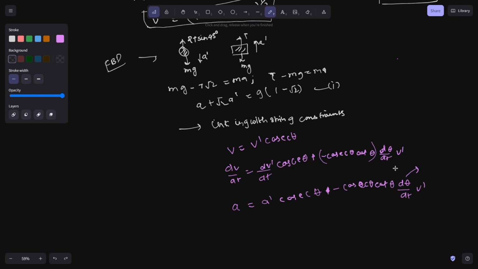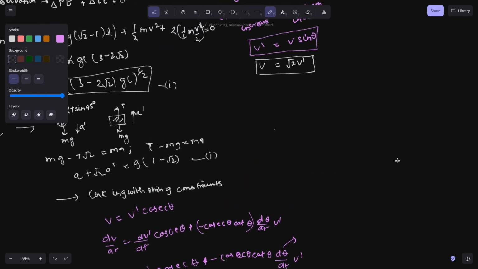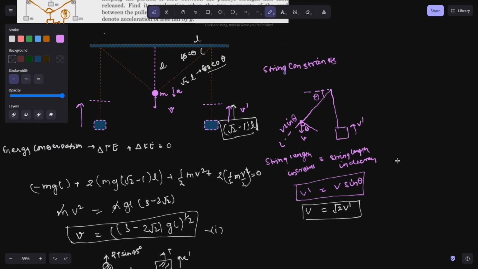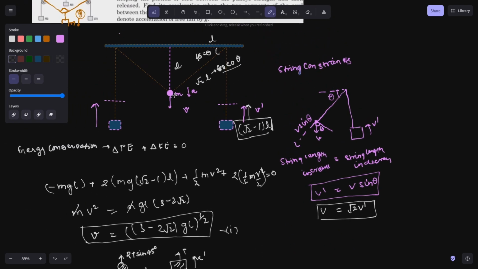So for this d theta by dt, let us come again to the question. Now here you can see that whenever the mass m is going downward, the velocity is changing with respect to the angle theta. So basically this angle theta gives the angular velocity for the particular mass.